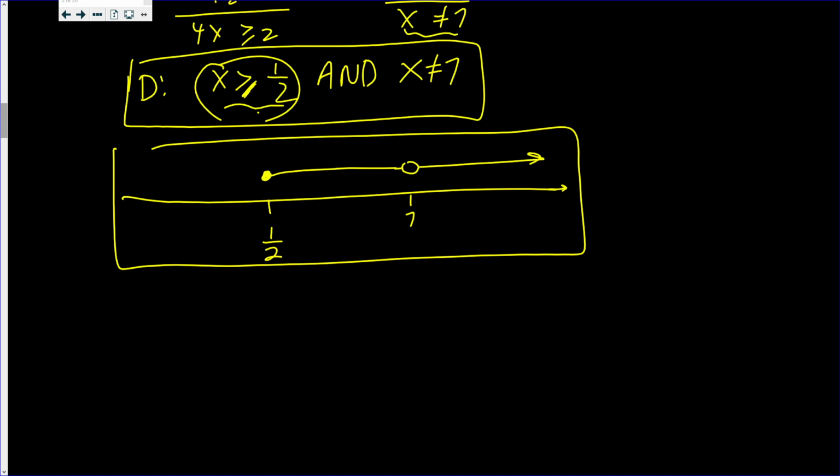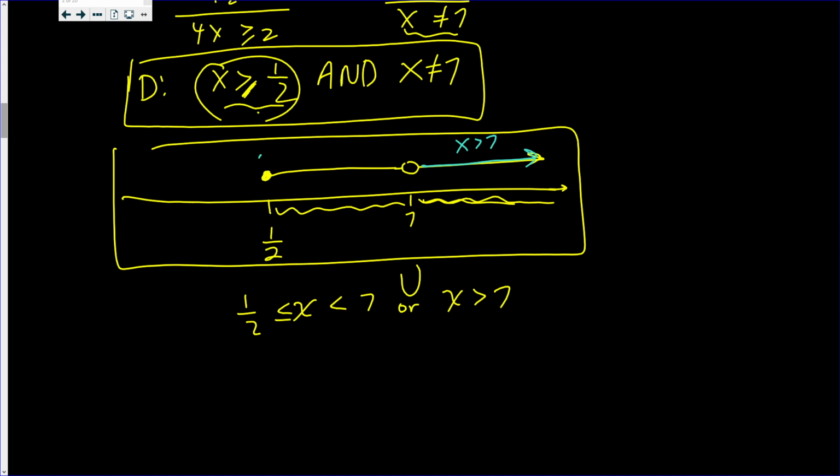Interval notation: x can be in between a half and 7. It can equal a half, but it can't equal 7. Or, union, x can be bigger than 7. That would be this piece here. This piece here is x bigger than 7.